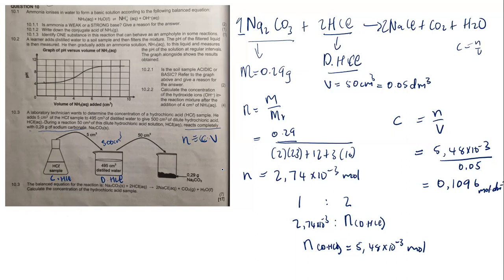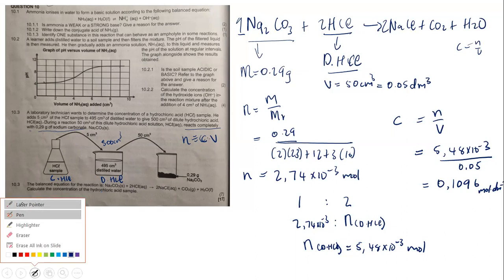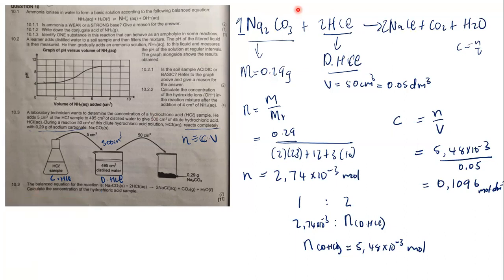You understand the statement 100%. Yes, I understand the statement. All right. You know what is happening here, right? Let me use a pointer because I have already written everything. Here we have the equation, but this equation is taking place in this beaker.